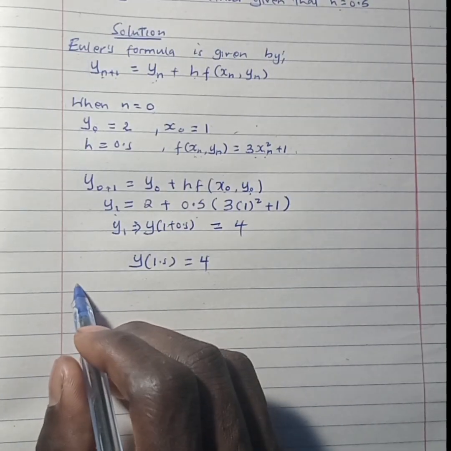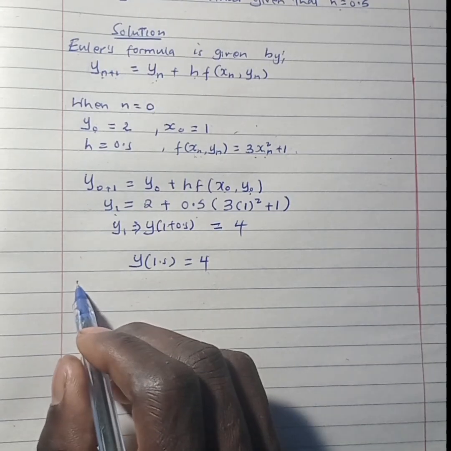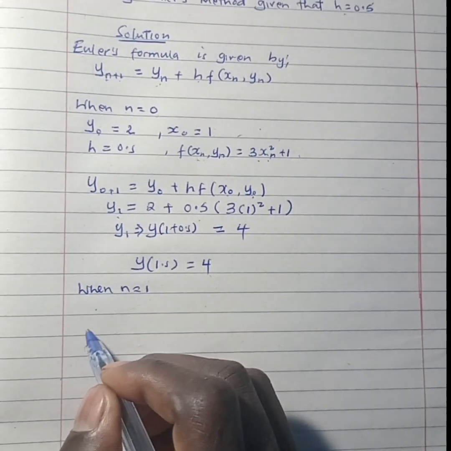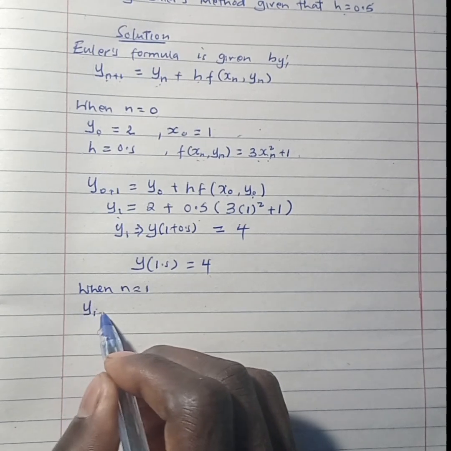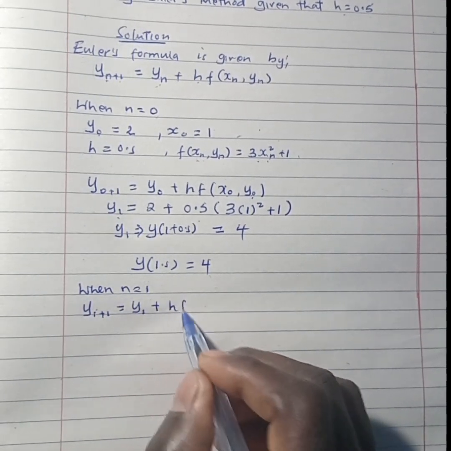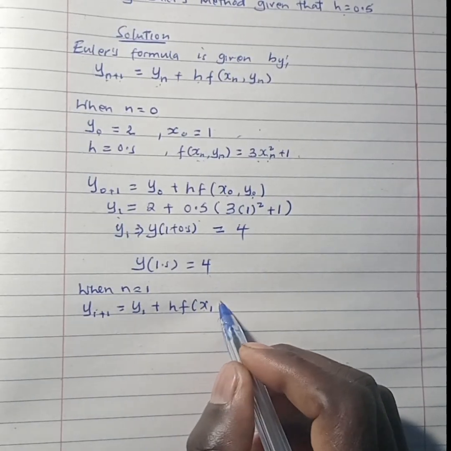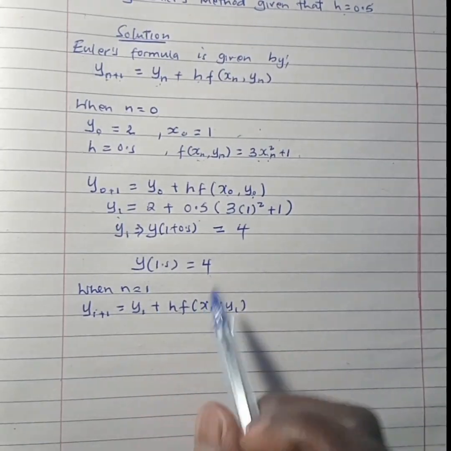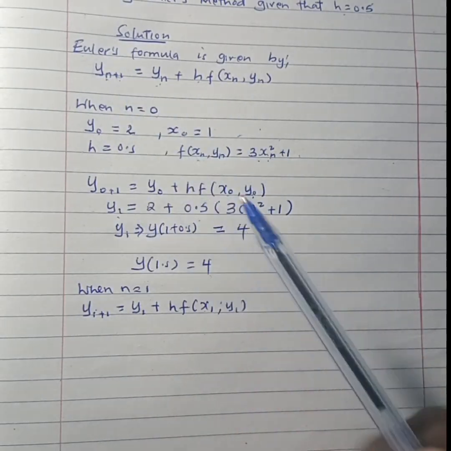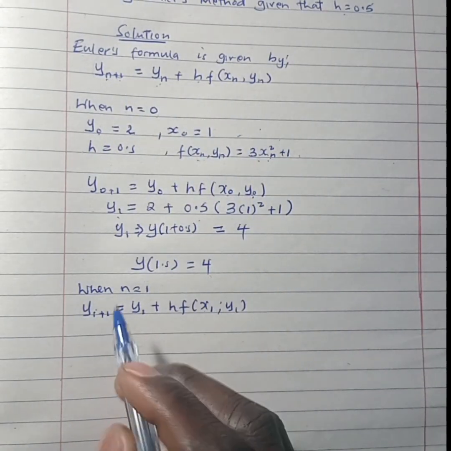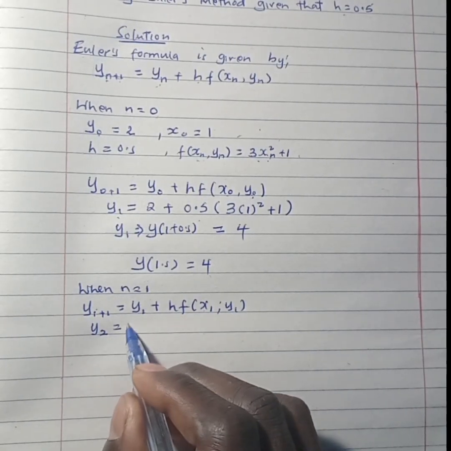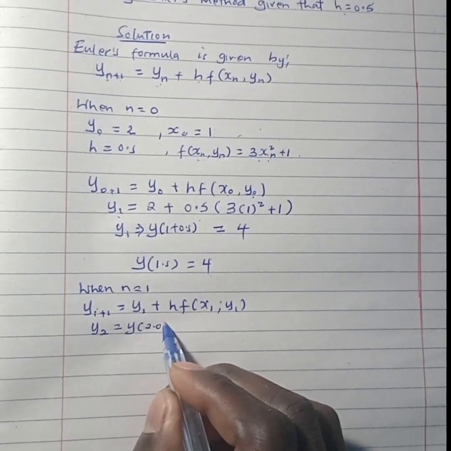The next step is to find y when n is equal to 1. This means that y of 1 plus 1 is equal to y1 plus h f of x1 comma y1, substituting into this Euler's formula. So n is 1, and we are finding y of 2, which is the same as y of 2.0.